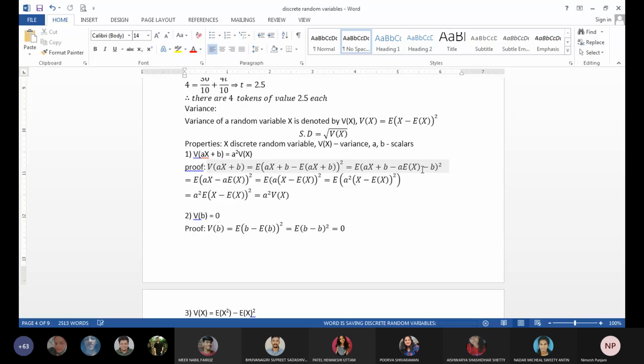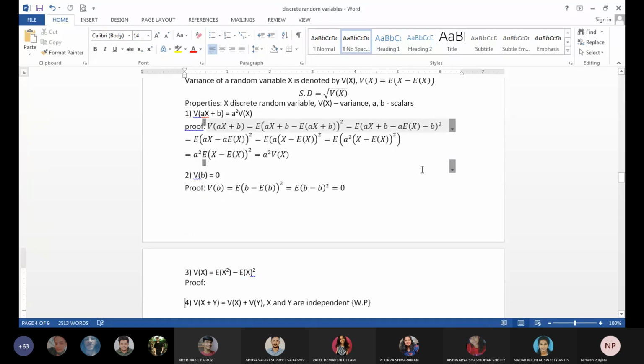So the second proof is done. Expected value of a constant is the same constant, and variance of a constant is always 0.